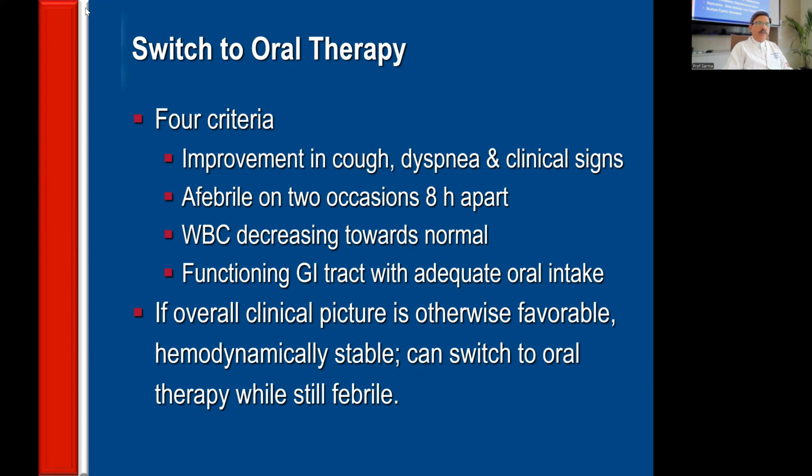When there is defervescence of fever, the WBC count is coming to normal from 20,000, 25,000, the GI tract is good with no vomiting or diarrhea, and the cough and dyspnea have improved, you can de-escalate the antibiotic. The teaching is hit hard, hit early, and come out quickly. Don't continue the IV injection for 5 weeks like that. You should de-escalate it, and I should know when to come out.